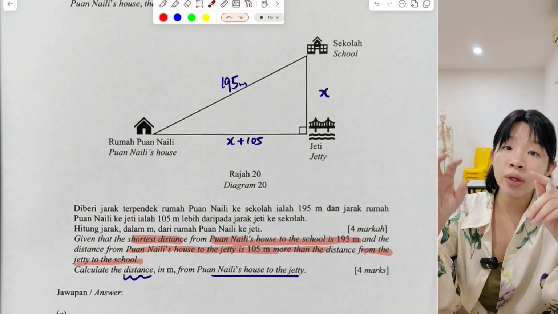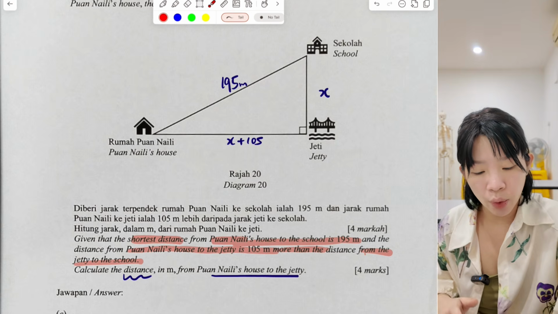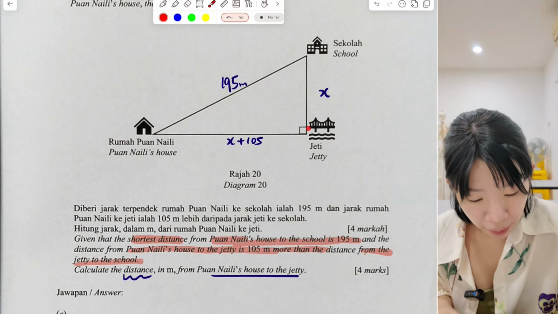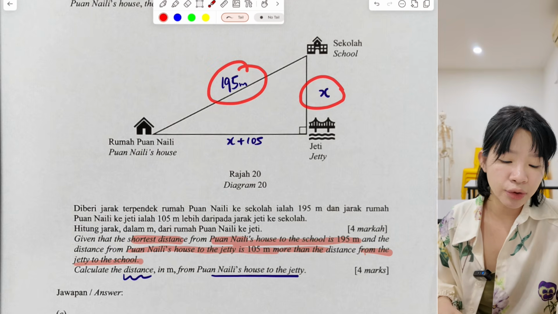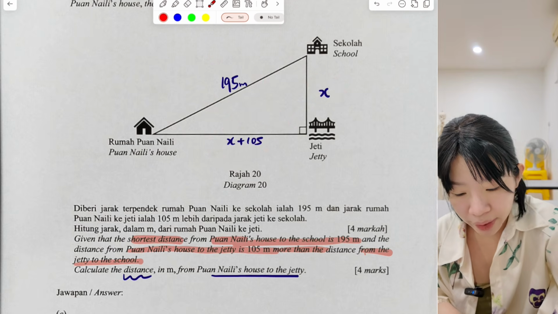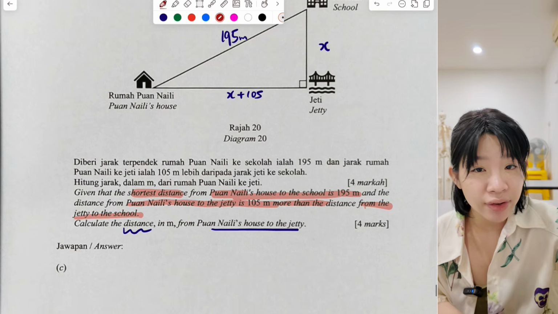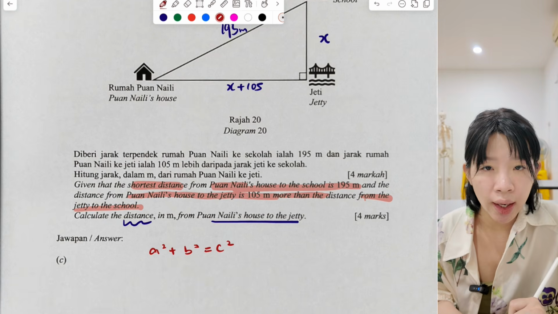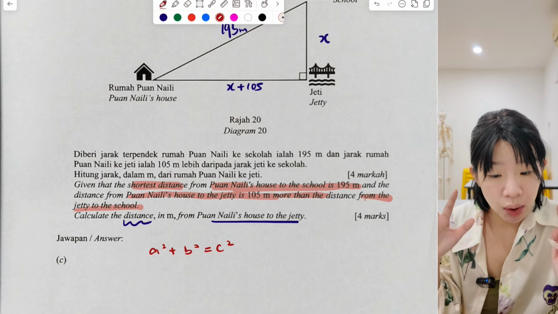Okay, if you want to find X, we need to form an equation. What equation is involved? When you see a triangle, you will always think of what topic? It is a right angle triangle, and all 3 sides are given. Definitely it will be Pythagoras theorem, correct? So the formula of Pythagoras theorem is a square plus b square equals c square. The c must be the longest side.